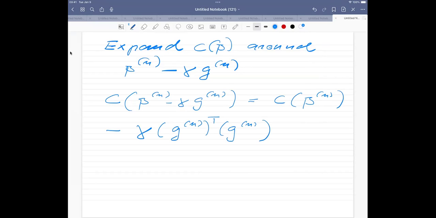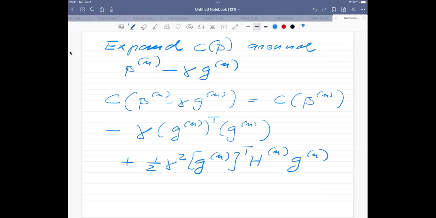If you replace it with a scalar, it's much simpler, then it's just G squared. And then I have the next term, which goes like 1/2 of gamma squared. And then I have my G of n, and this is transposed. And now it's multiplied with this matrix, the Hessian matrix of n. And this is multiplied with G of n.